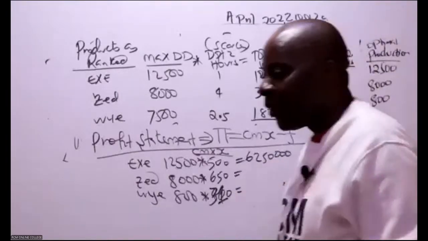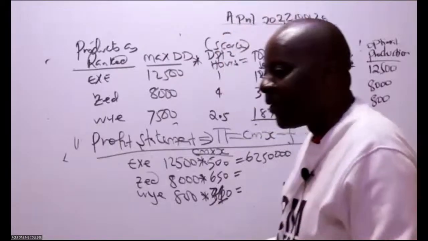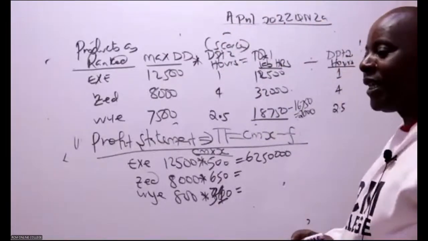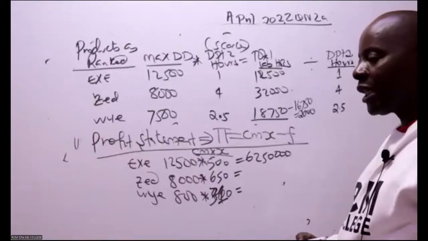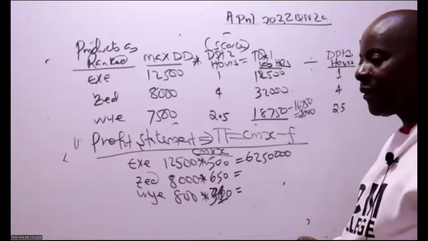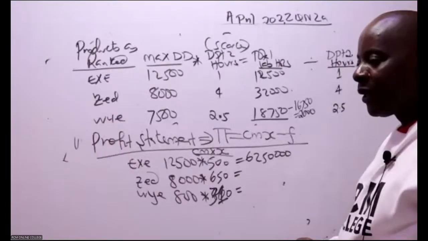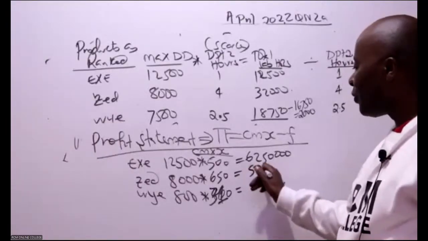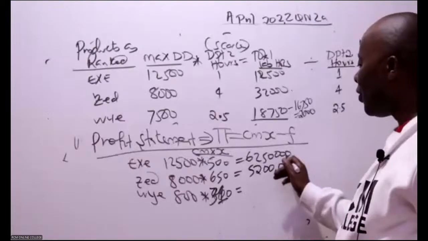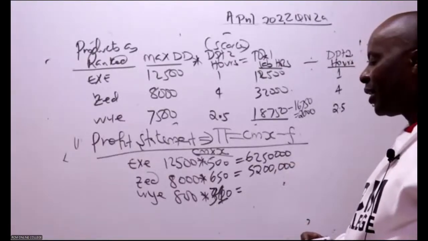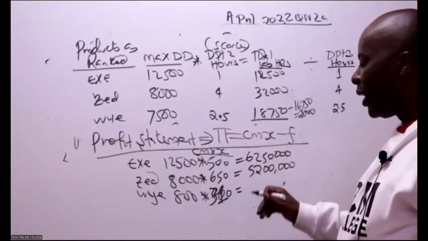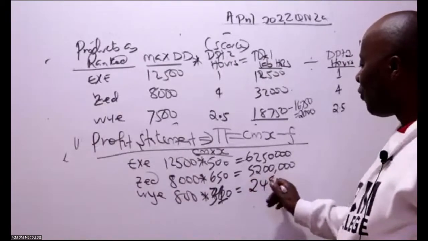Oh, you're saying Y. Y is 310. So 8,000 times 650. I'm waiting for your answer. 5.2 million. Thank you very much. And then we have 800 times 310, giving us 248,000.